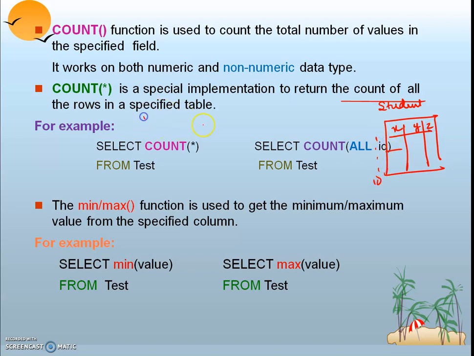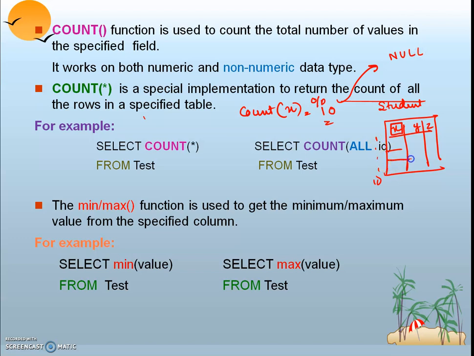So if I write my count function something like this, count of X, then it will count all the number of records present in the attribute X and return it as the output. So here the output is 10. And keep in mind the count is going to work even for null values.